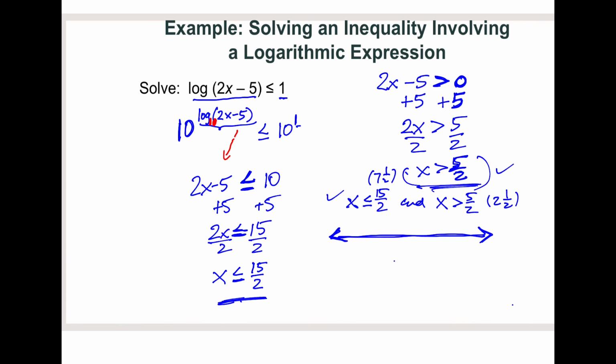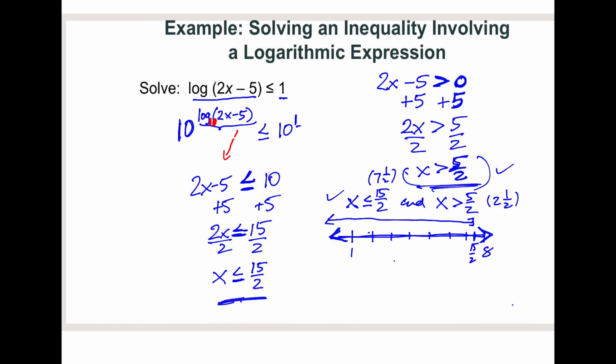So I'm going to plot these out. We'll start with 1. So 1, 2, 3, 4, 5, 6, 7, 8. So 8 over here. So 7 halves would be right about here. 7.5, sorry, which is 15 halves. And this would be a bracket pointing to the left.